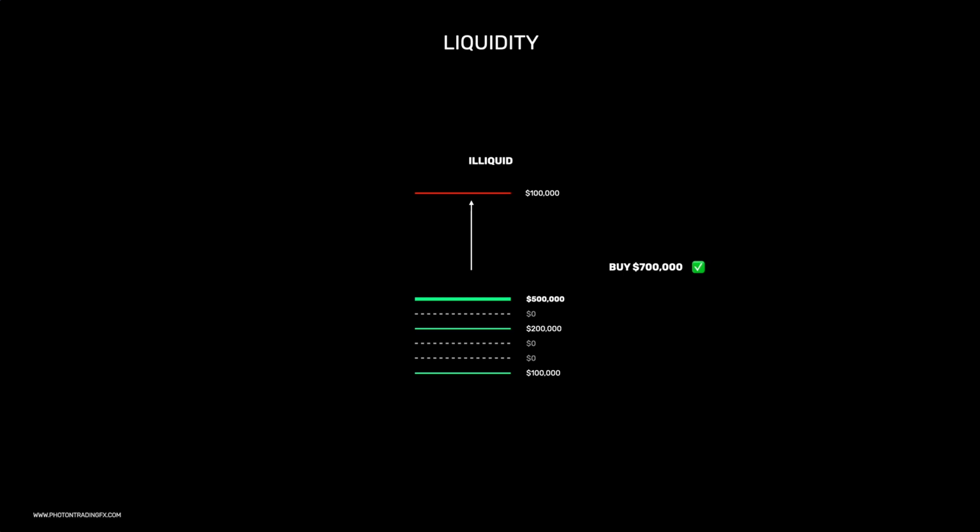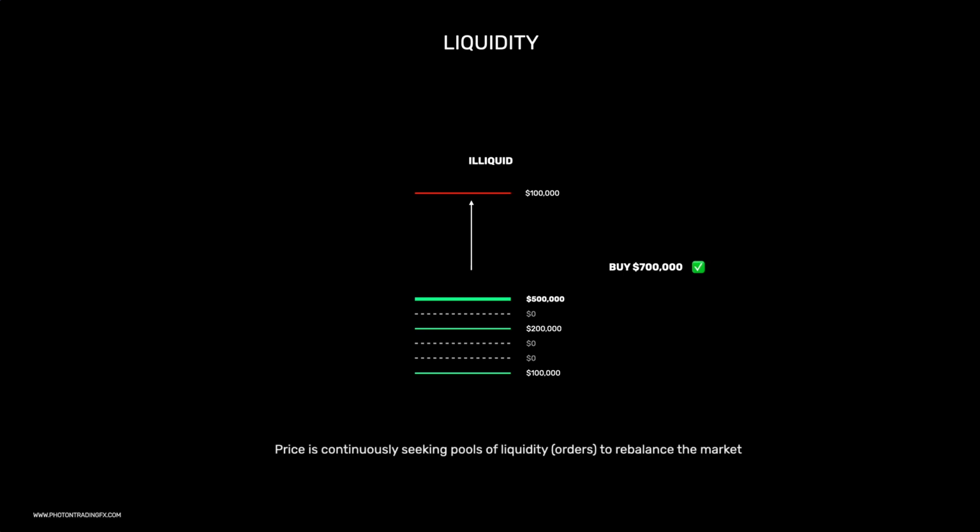You instantly get filled $500,000 at the price you wanted, but to fill the remaining $200,000 of your order, price has to keep moving up and up until it finds that remaining $200,000 worth of orders. And that's where we end up at the top of that price level.